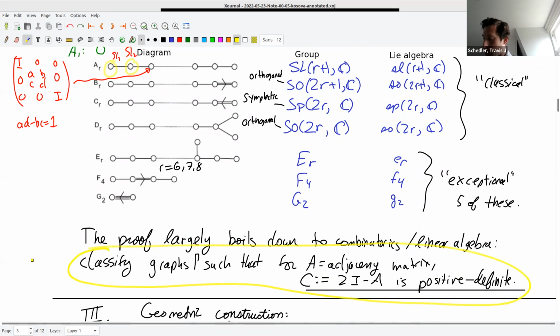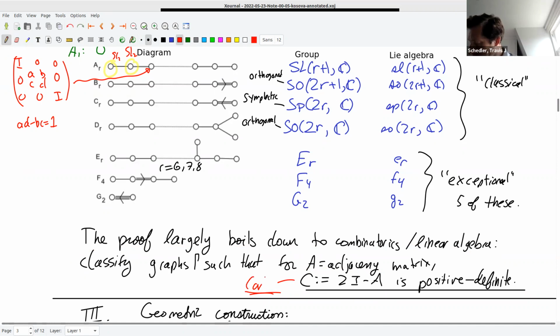That is, if you take the adjacency matrix of the graph, the matrix that tells you which vertices are adjacent to each other, and then you take a modification of it, what's called the Cartan matrix, 2 times identity minus the adjacency matrix, then this is what's called Cartan. Let's write this here, Cartan.